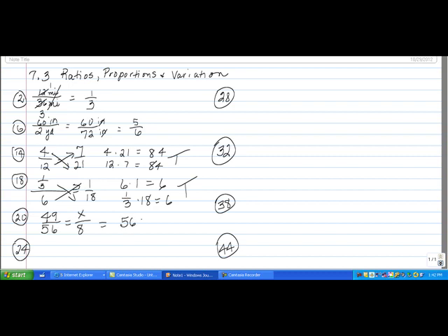So 56x is equal to 49 times 8. And I'm going to kind of sneak this in here so that I don't have to actually multiply it out. 8 will go into 56 7 times, and 7 will go into 49 7 times, so we get x is 7.